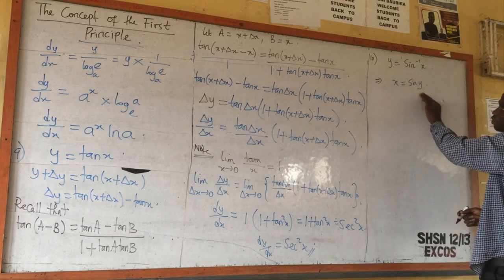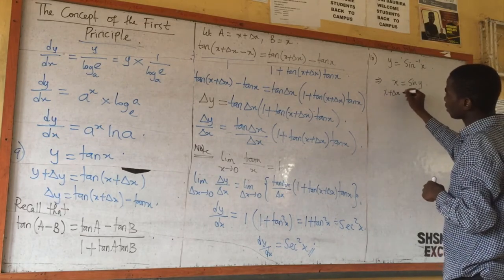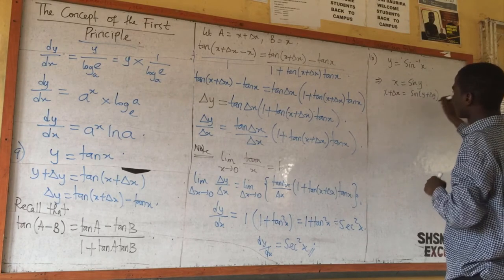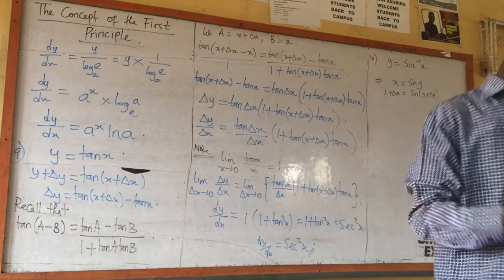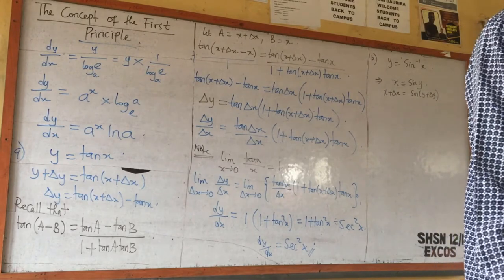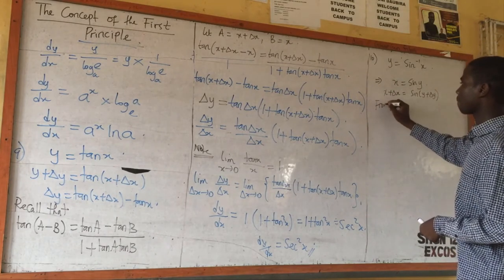Then s will now be a function of y. You will now start doing s plus delta s equals sine of y plus delta y and all that. So if you check, I think example 5.